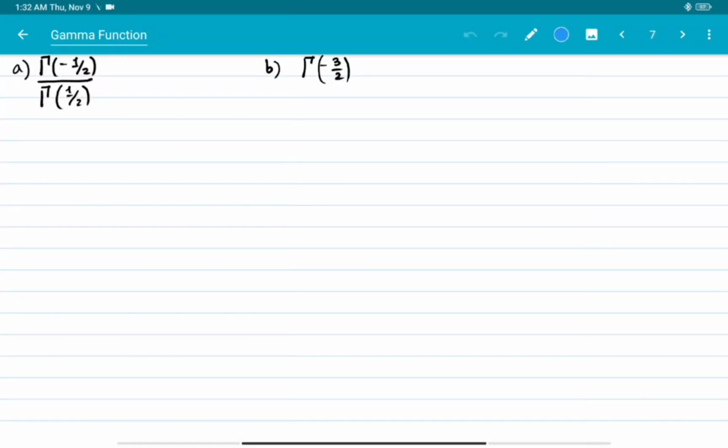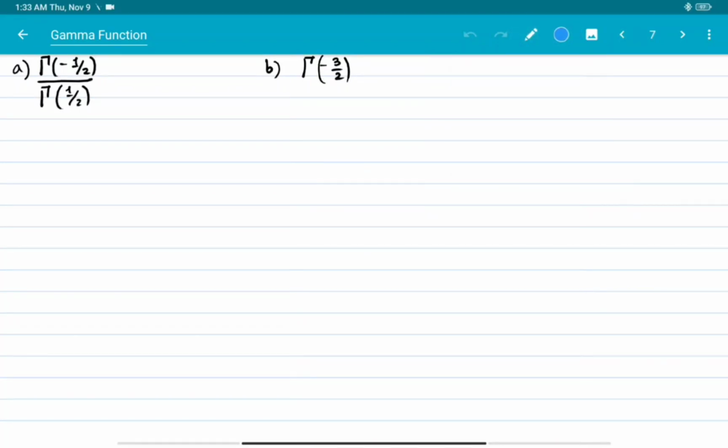The next problem is gamma of minus half over gamma of half. How can it be written?